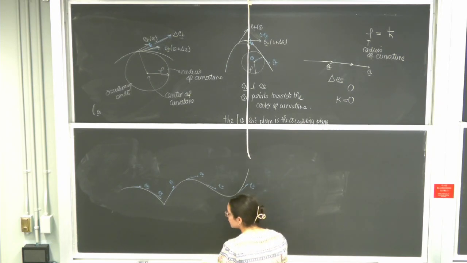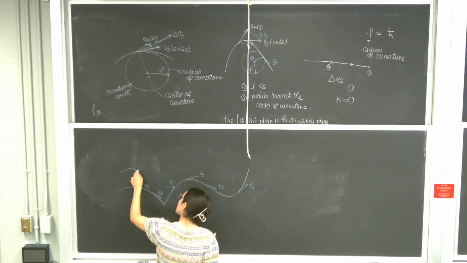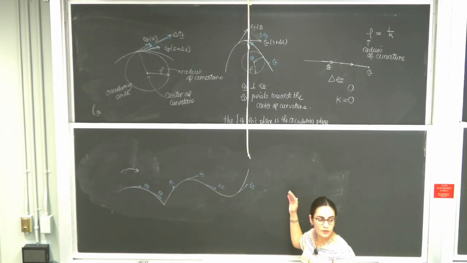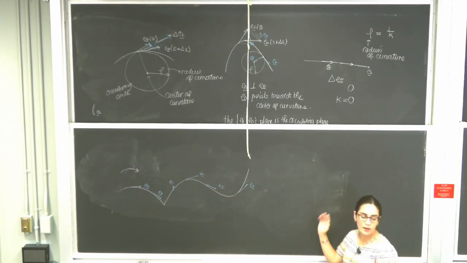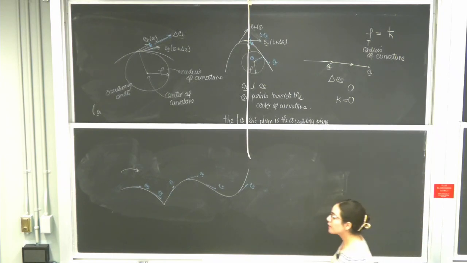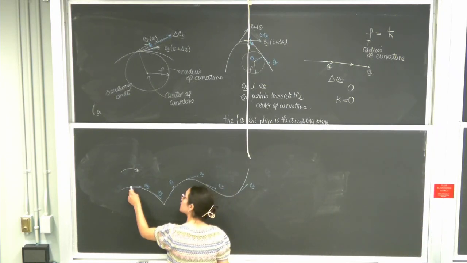Here I'm assuming that the particle is traversing the curve in this way, so the velocity is always kind of to the right. So this is my ET at different points on the curve. Now, if I want to draw EN at this point, how would I draw EN?